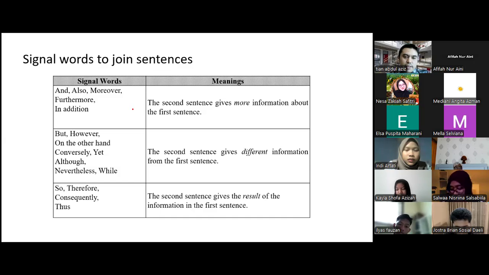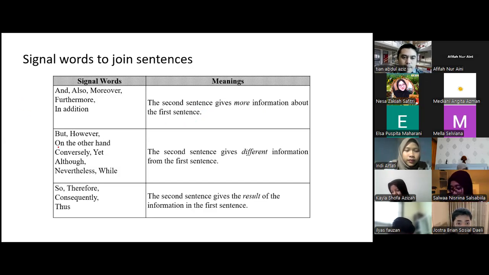These signal words are used to join sentences if the second sentence gives more information about the first sentence. We add some information to the first sentence.